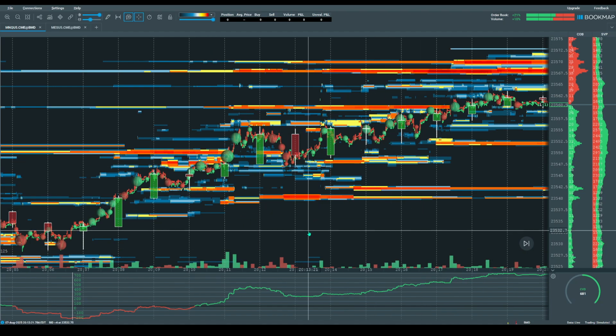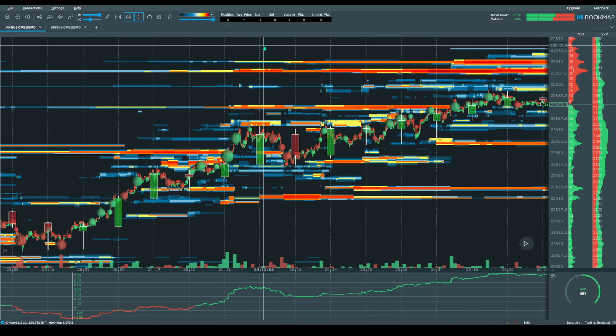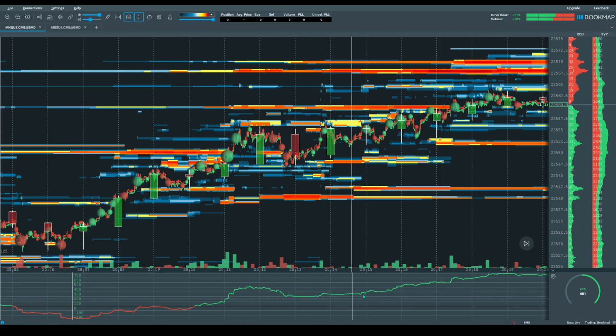All right, so our CVD is positive from the session start. It still looks like we have aggressive buying pressure. It's not flattening yet, and buyers are in control. We're getting a little bit of a pullback here.